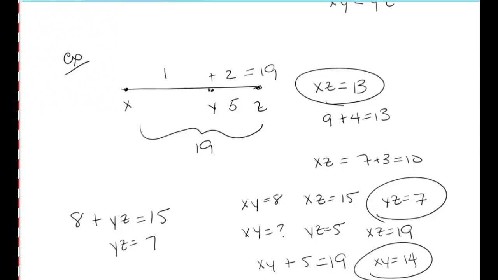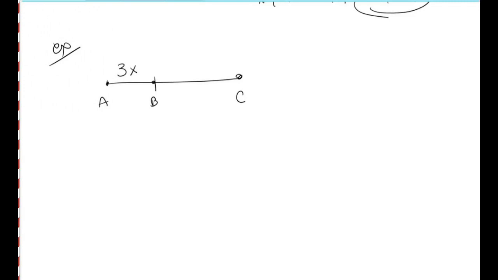All right, there's one other example of the segment addition postulate, and that's going to bring in more of our algebra. Sometimes they're going to give you unknowns represented with variables. So for example, let's call this A, B, and C again. 3x, x plus 16.